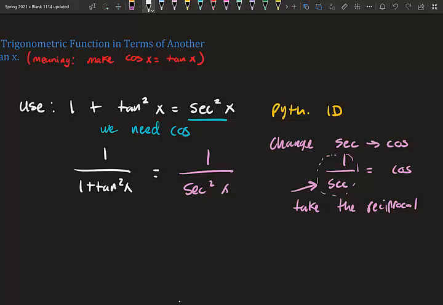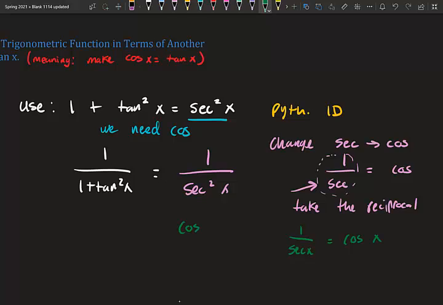All right, now see, I haven't used an identity. Doing this to this, we didn't use an identity. We forced it. But now we need cosine straight up. So 1 over secant x is the same thing as cosine x. So now we're going to use our identity to make this just normal single cosine.